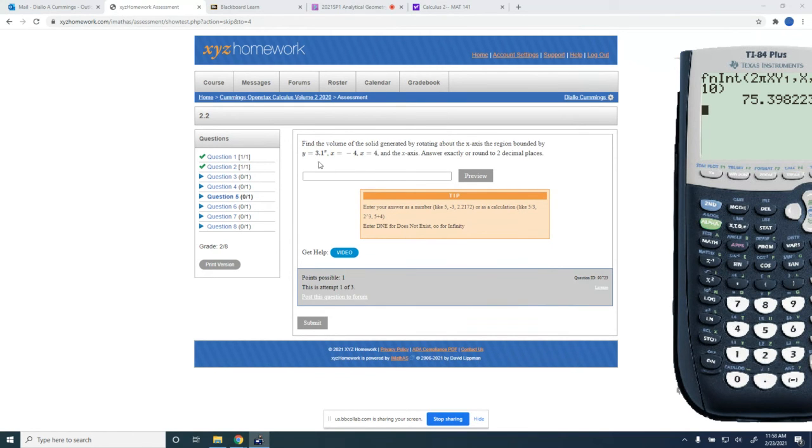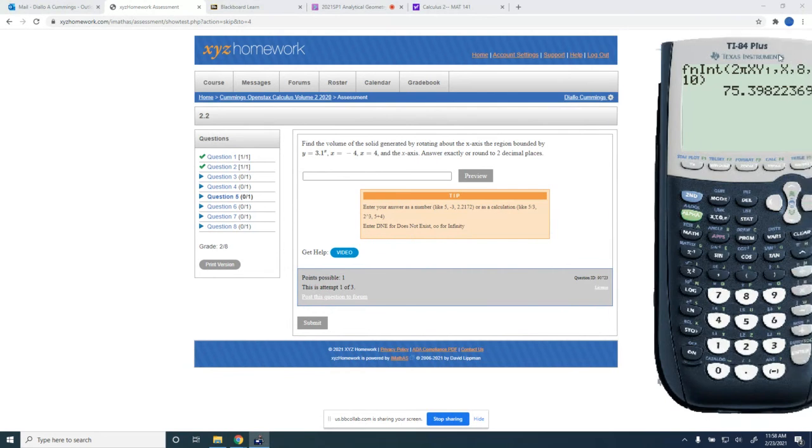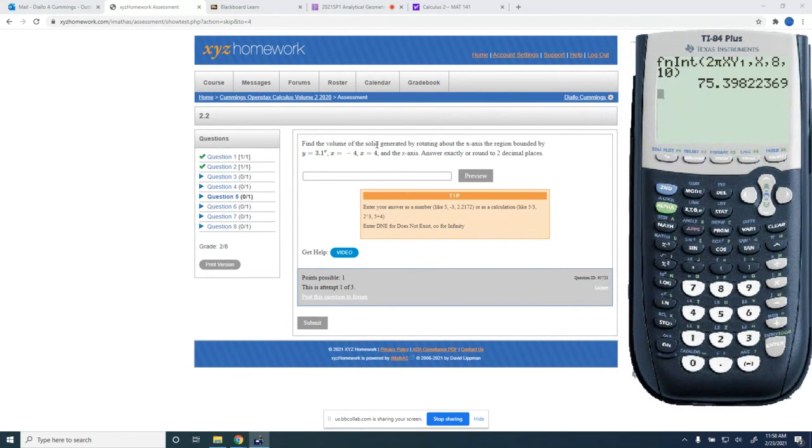So the method that we use is going to be based upon the equation that we're given, how it's expressed, and also the limits. So here we're asked to find the volume of a solid generated by rotating about the x-axis. The region is bounded by y is equal to 3.1 raised to the power of x, from x is equal to -4 to x is equal to +4.